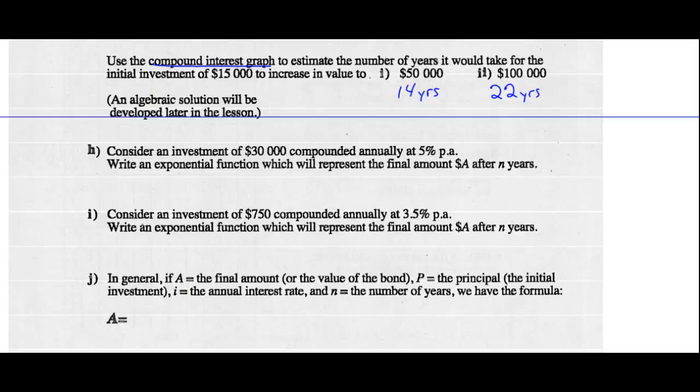Consider an investment of $30,000 compounded annually at 5% per annum. Write an exponential function which will represent the final amount after n years. So the final amount would be the initial amount, 30,000, times 1 plus our interest rate as a real number, 0.05 to the exponent n.